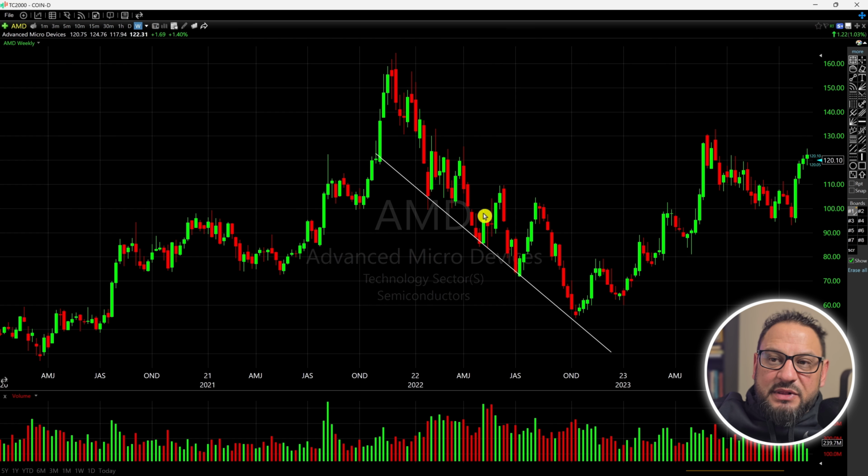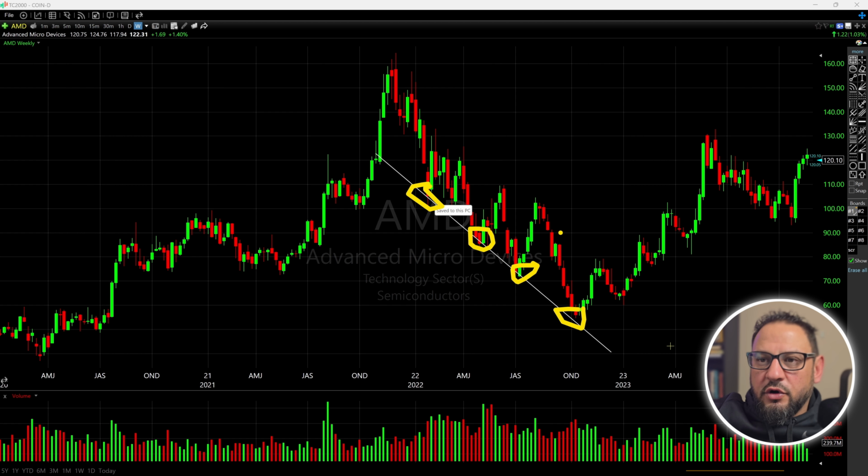Instead of holding the same level, it actually broke their wall and it held a lower low. So it starts making lower lows. So how many lows do we have here? 1, 2, 3, and 4. That's a trending down support.